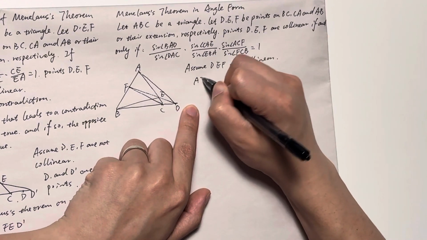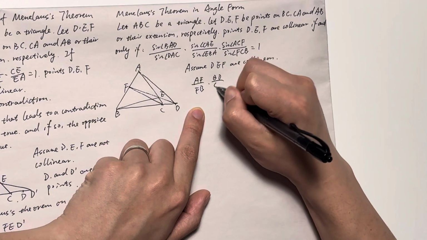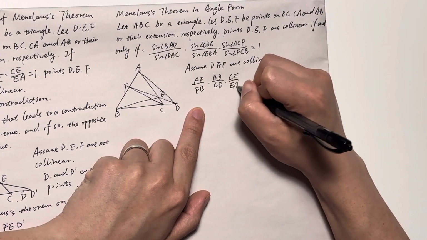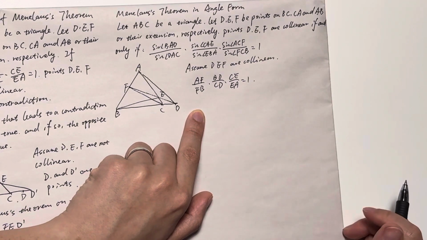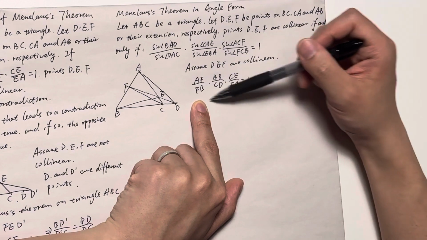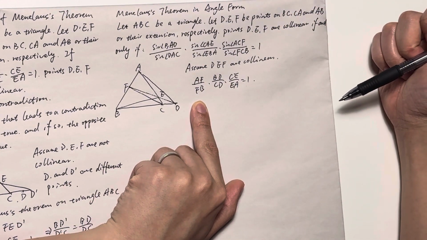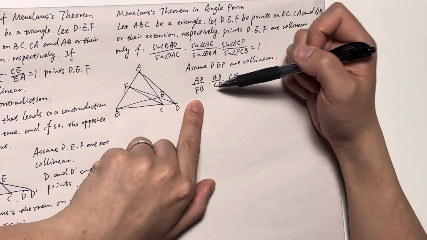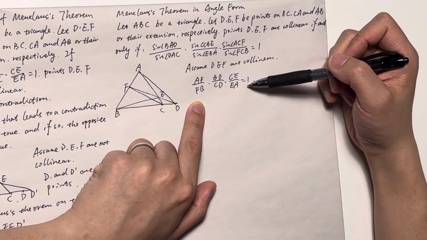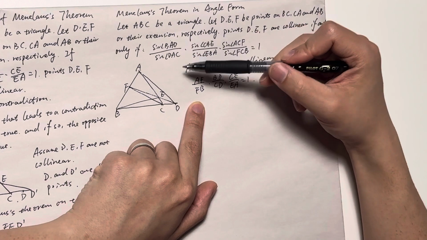So we have that AF divided by FB times BD divided by DC times CE divided by EA equals 1. This is valid. So we want to know how we can relate this equation to this equation. We know that in this equation, there are all the ratios of segments. And in this equation, there are all the ratios of sine angles.